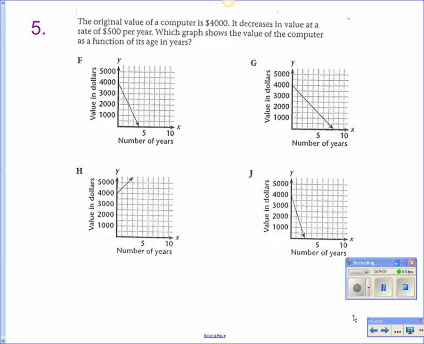Y equals 4,500. Perfect. Allison, why did he put a minus? Because it decreases. Tamara, why did he put 500x? Per year. 500 per year.